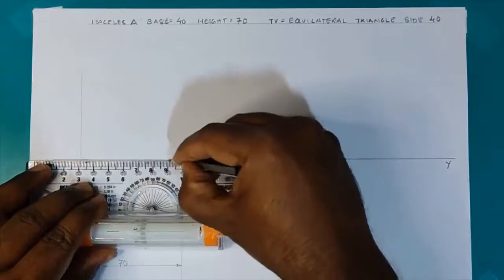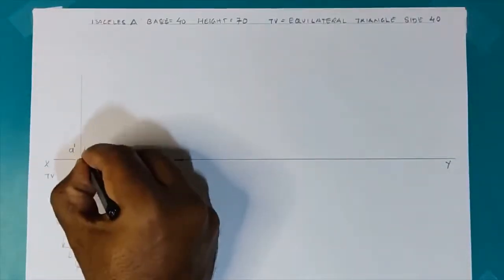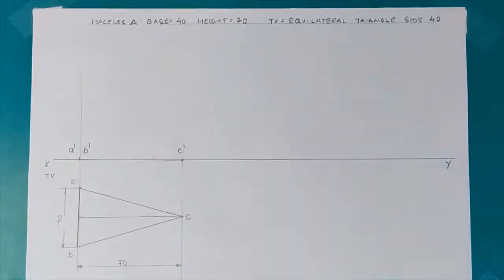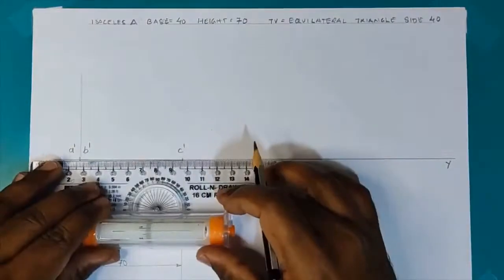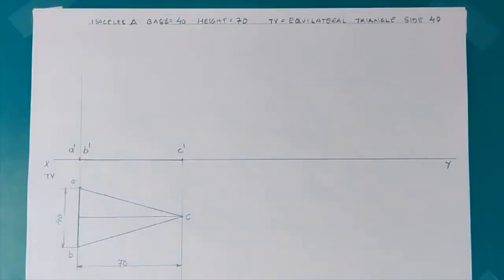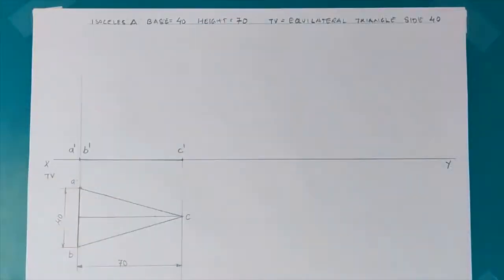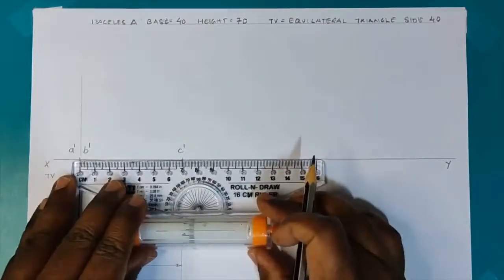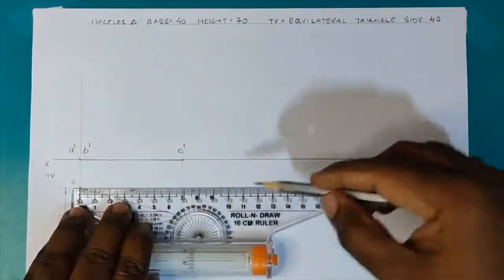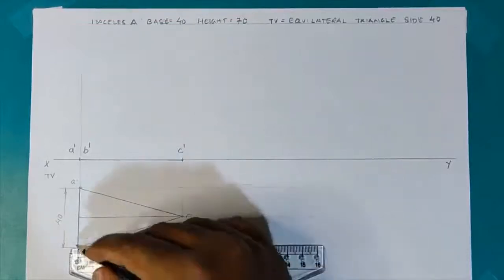I draw a straight horizontal line, that is the front view, and name the points A dash, B dash, C dash respectively. Remember, the front view should be dark and stand out from the XY line. Next, the second step, I'll be projecting the same distance, because I need the same distance of 40 mm.